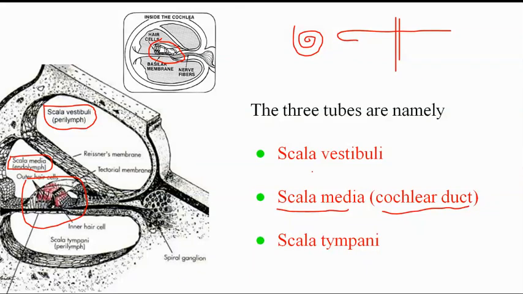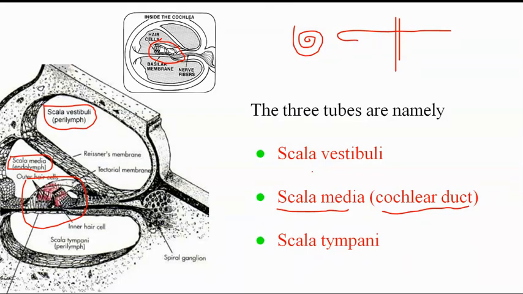The basilar membrane divides the scala media and scala tympani. In this tube, you see the presence of endolymph, whereas in the other two tubular structures, we see the presence of perilymph.